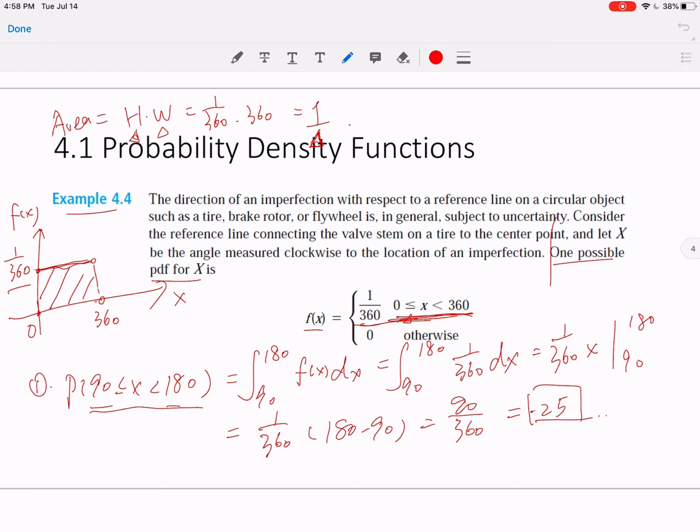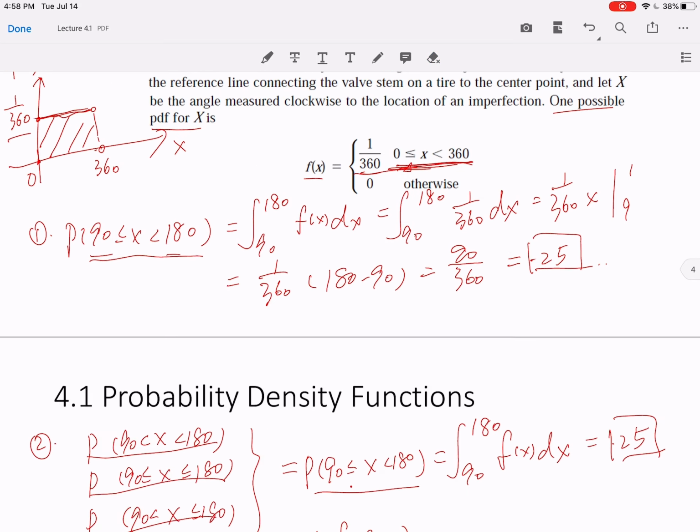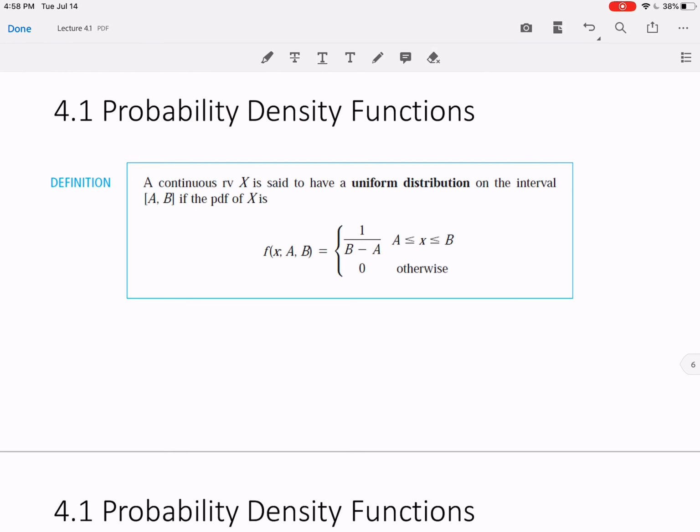All right, so once we know this idea, let's take a look at the exact definition of uniform distribution. A continuous random variable X is said to have uniform distribution on the interval a to b if the PDF of X is, of course, with a and b as the two parameters here.